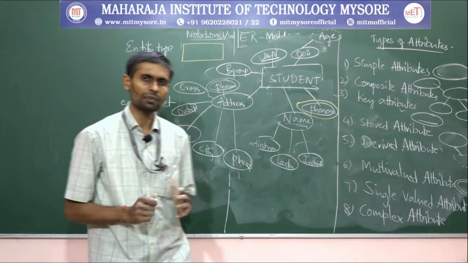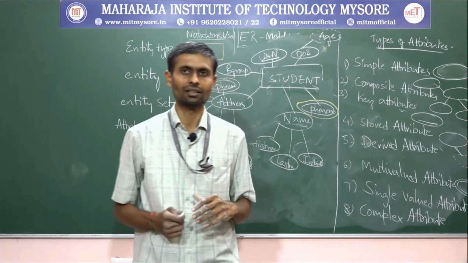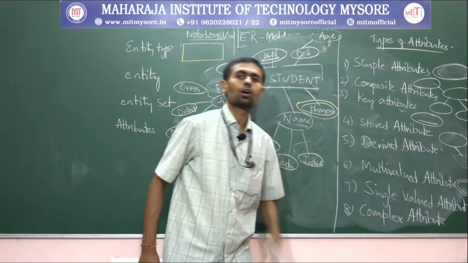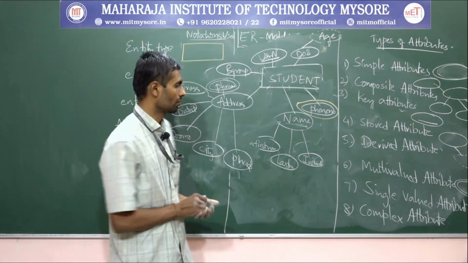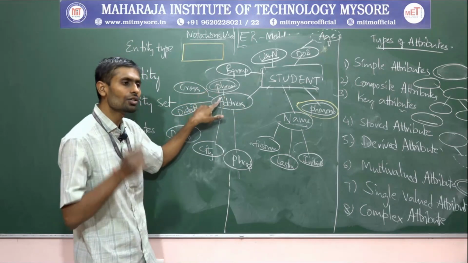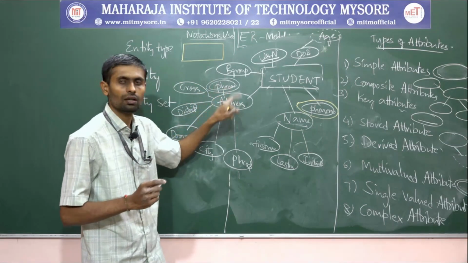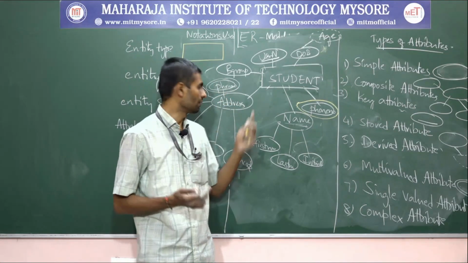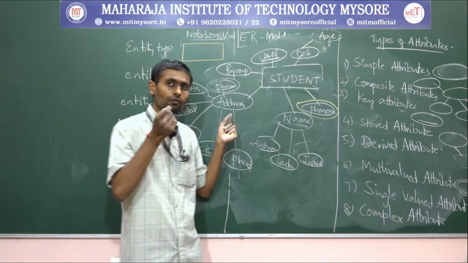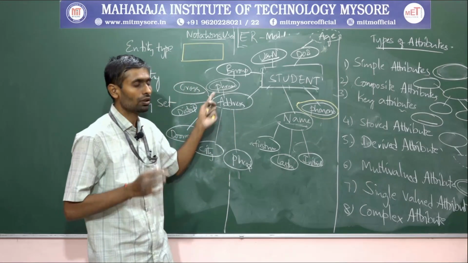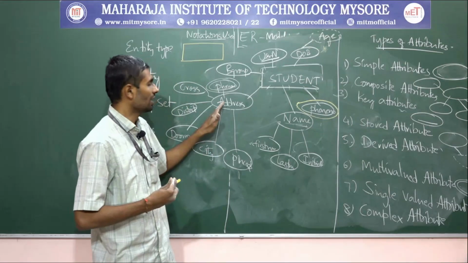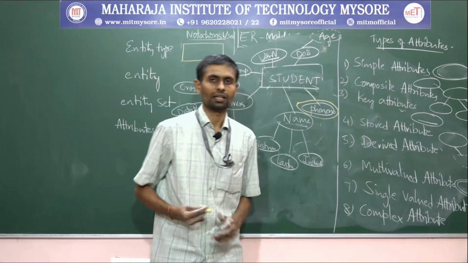If any attribute is a mixture of composite and multi-valued, then such attributes we call complex attributes. The notation used is like this. So one composite symbol, and at least one component should be of multi-valued kind. If one of the components of a composite attribute is multi-valued, then such attributes we call complex attributes.